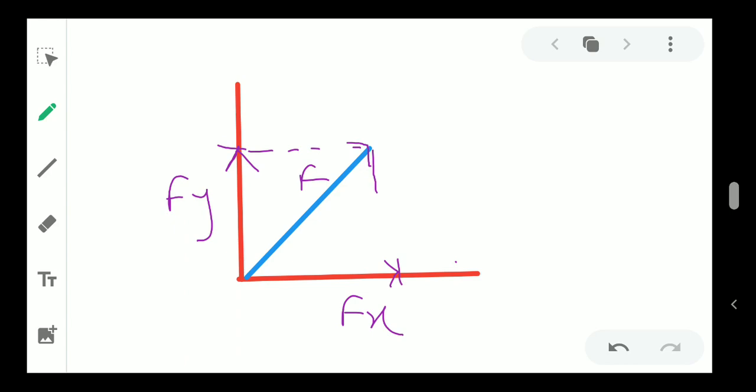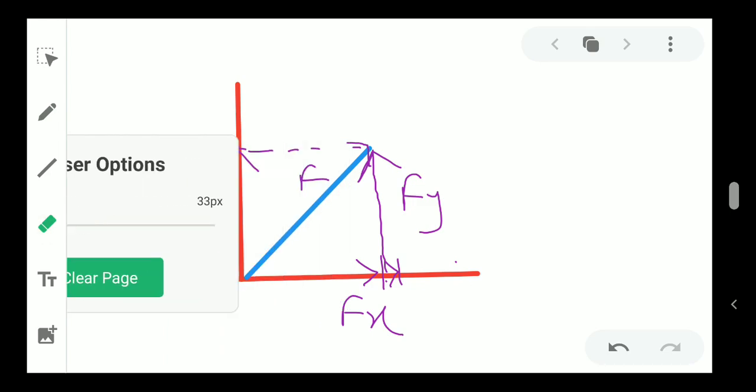If I take this rectangle, I can write this Fy here, because I told you, if you keep the magnitude and direction the same, you can move your vector anywhere for your calculation. So this was my Fx and this was my Fy.